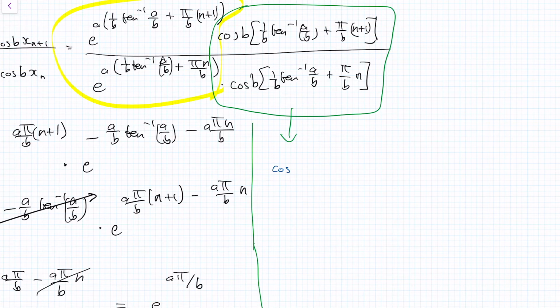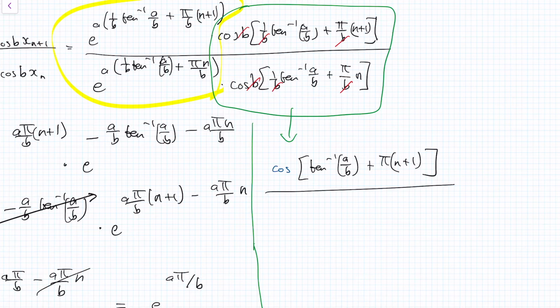So the b will cancel with that one and that. And similarly here, the b will go. So what we have is cos of tan inverse of a over b plus pi (n plus 1), divided by cos of tan inverse of a over b plus pi n.